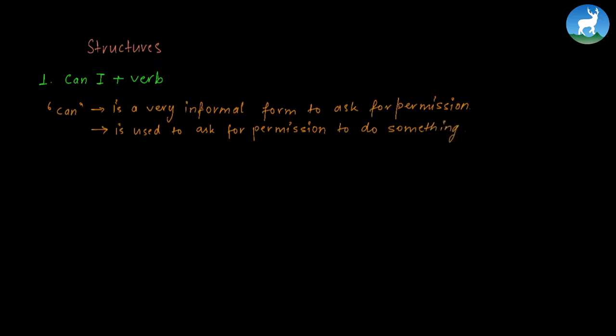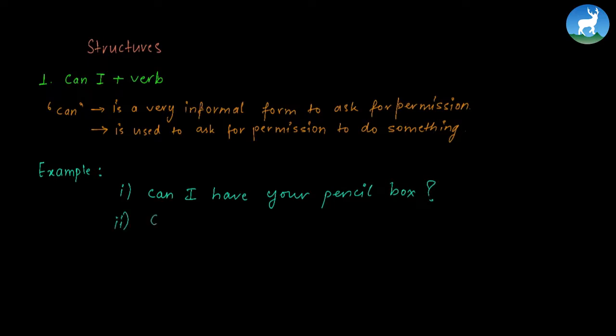Now here's an example. Can I have your pencil box? Another example, can he join us for dinner tonight? Or maybe you can write, can he join us for lunch?